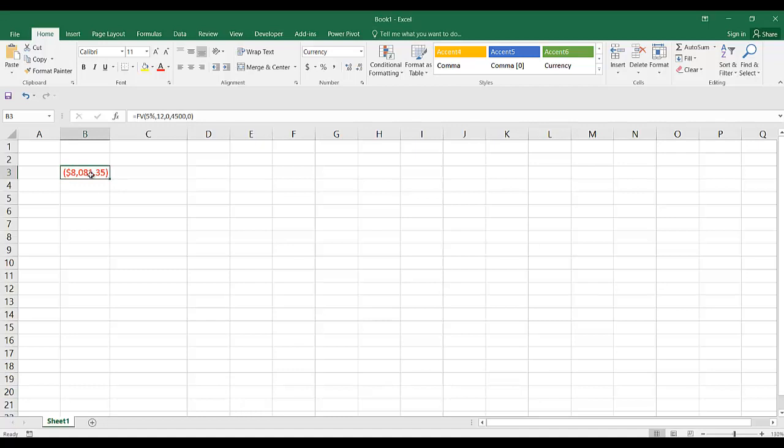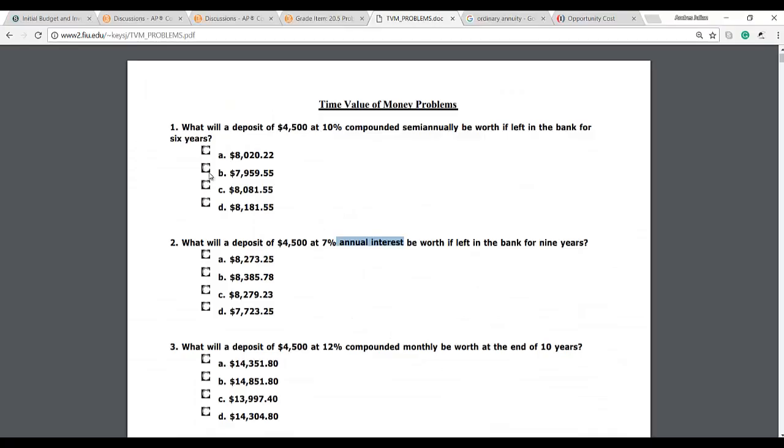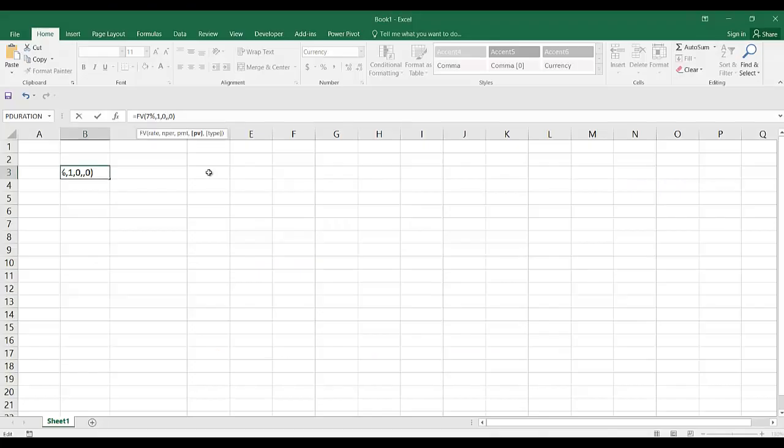So in this case, the formula will change a little bit. Let's just modify this. Now it's 7%, and since it's annual, it's just 1. The payments every month are 0, we're just going to let it sit there, and we also have $4,500.